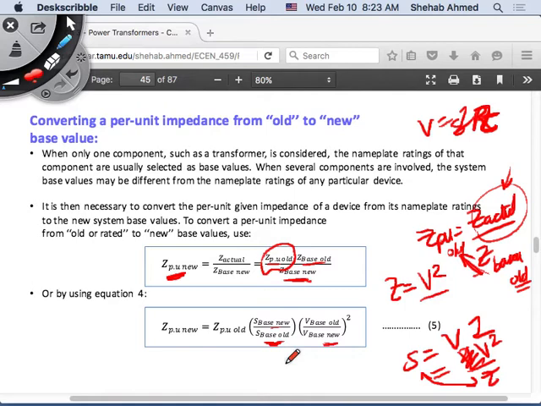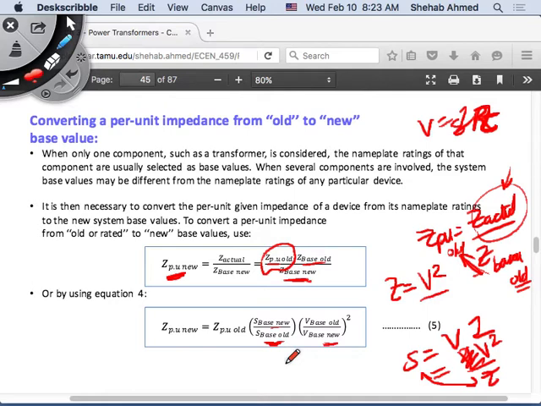Then we will put all of these equipment into one system to operate together. For this one system, we want to build a single-phase equivalent circuit in per unit. For us to do that, we have to convert back to the actual values and then use the new base values, which are common to the full system.